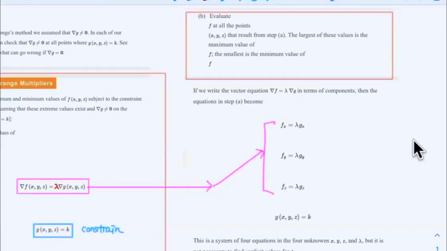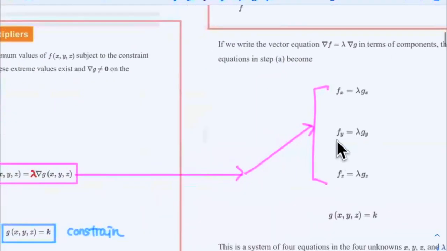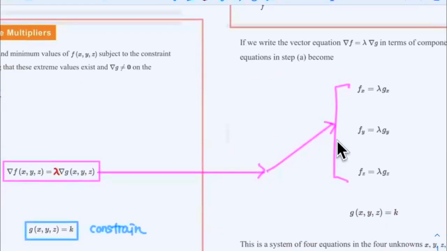The first component is the partial derivative with respect to x, then the partial derivative with respect to y, and the last component the partial derivative with respect to z. Each component of the gradient of f is lambda times the corresponding partial derivative of g. So that's why it's three equations, and together with the constraint equation we have four equations and four unknowns, x, y, z, and lambda. So we'll be able to solve the system of four equations.